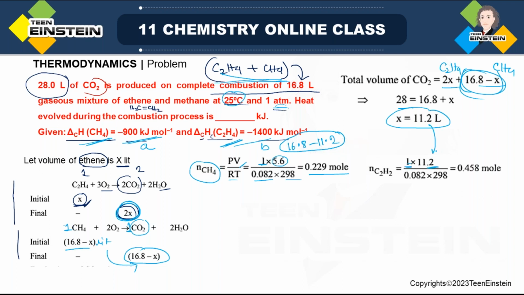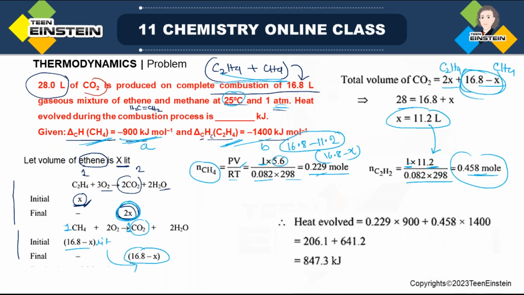V, it is directly this value. This is 16.8 minus x, but here directly it is x. These are again same. So it is basically just a double amount, 0.458. So finally the answer will be, with 0.229 moles, we will multiply it with minus 900, and with this we will multiply minus 1400.